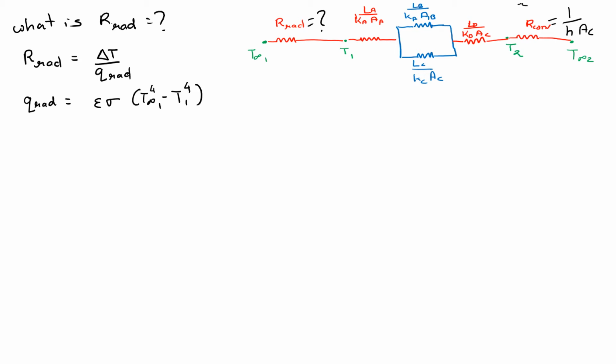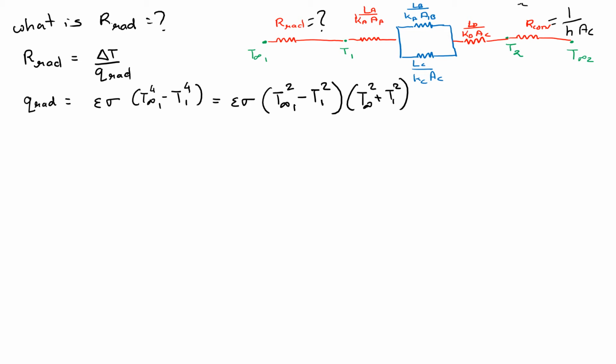I can write this as epsilon sigma into T infinity to the power 4 minus T1 to the power 4, expanding it as T infinity square minus T1 square into T infinity square plus T1 square. If you multiply this, you'll get the fourth power of T infinity minus the fourth power of T1.